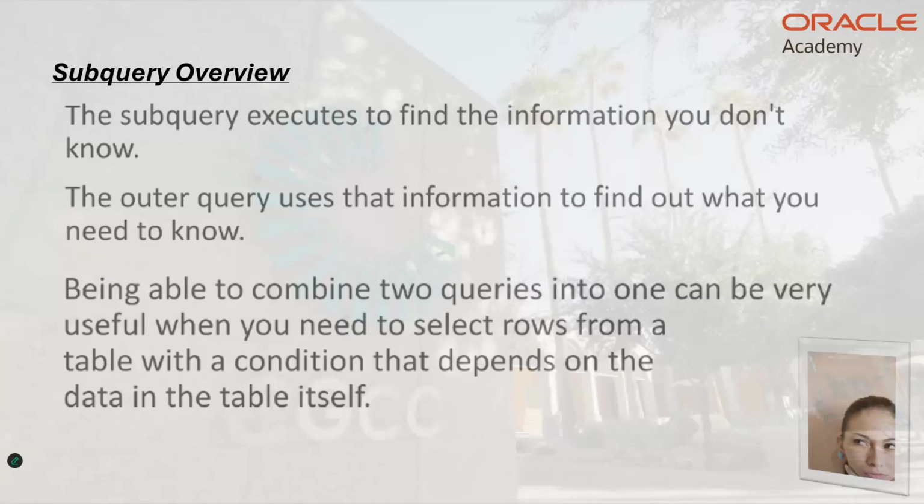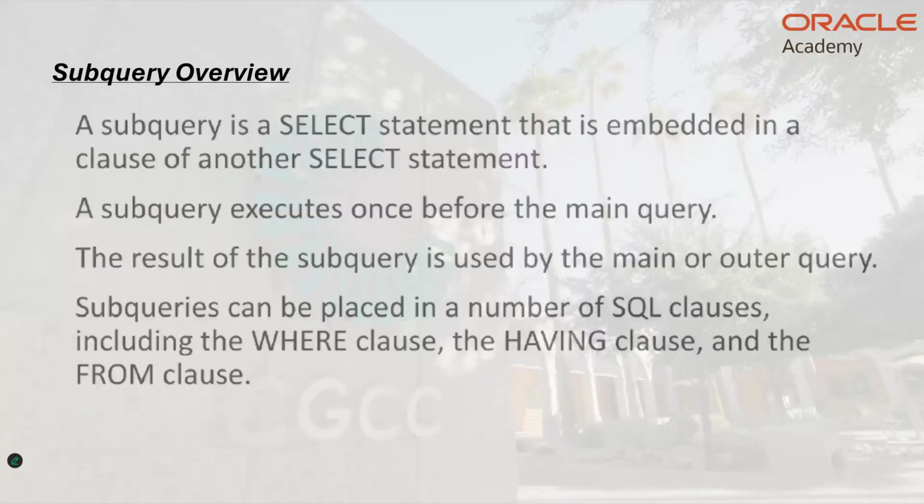That's kind of a tongue twister, but that's how subqueries work. So being able to combine two queries into one can be very useful, as I said before, when you need to select rows from tables, but a condition depends on the data in the table itself. That's a high-level narrative to figure out why you would need a subquery.